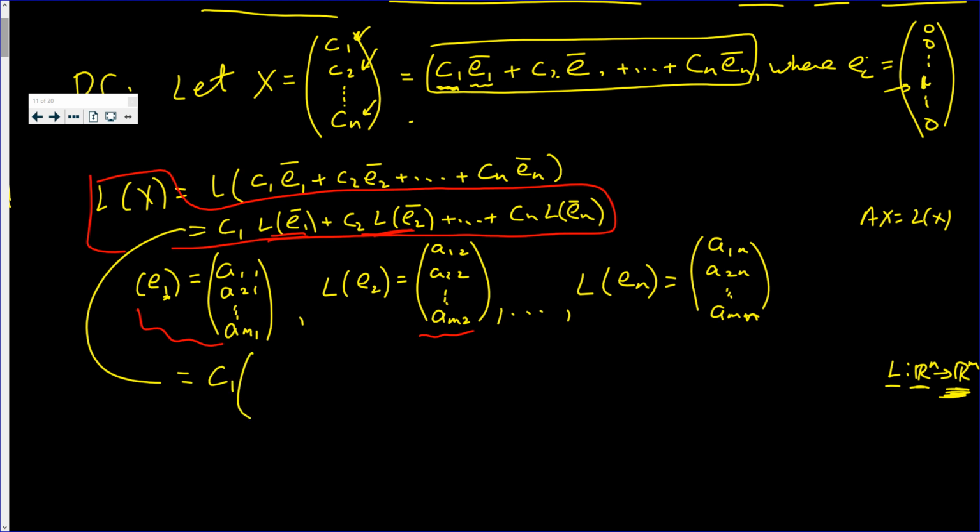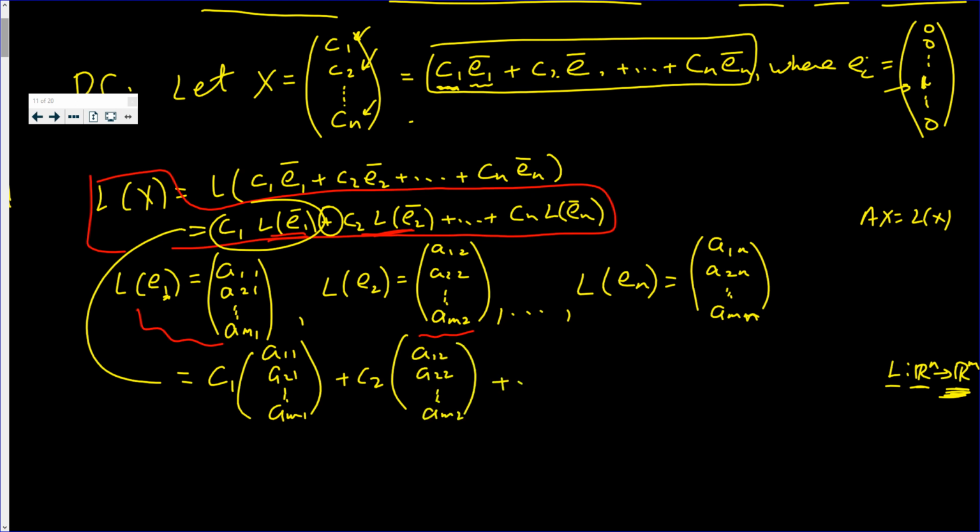We have C1 times L of E1, but L of E1 is A11, A21, down to AM1, plus C2 L of E2, which is A12, A22, down to AM2, all the way down to plus C sub n L of En, which is A1n, A2n, down to AMN.